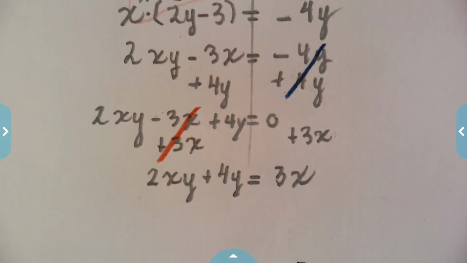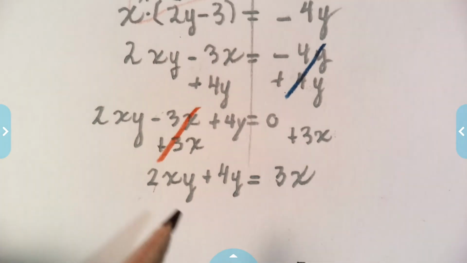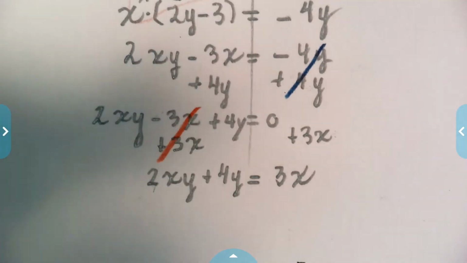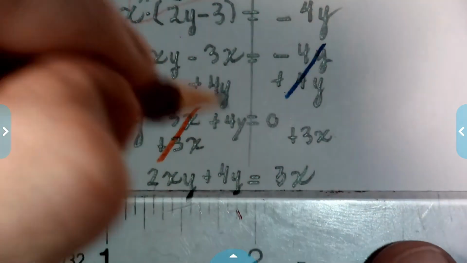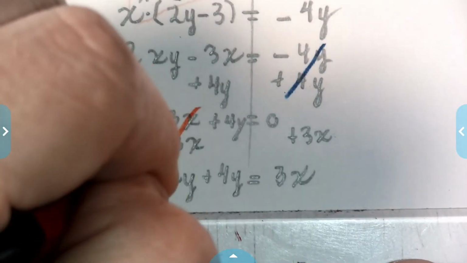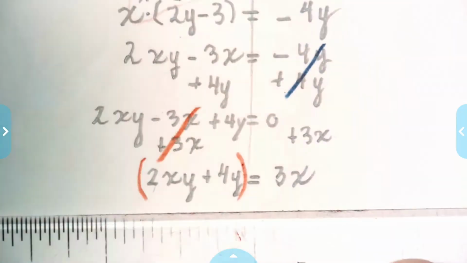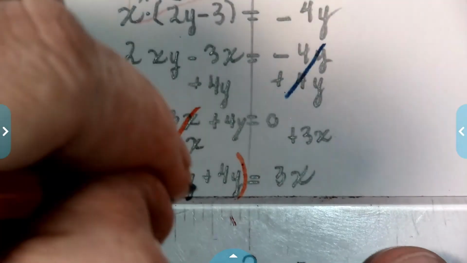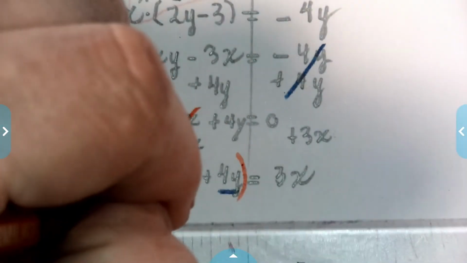And now what I'm going to do is notice that my greatest common factor in 2xy and 4y is actually 2y. Okay? So let me show you here with the pencil. I'm going to divide out of each of these terms 2y. This is kind of like reverse distribution.